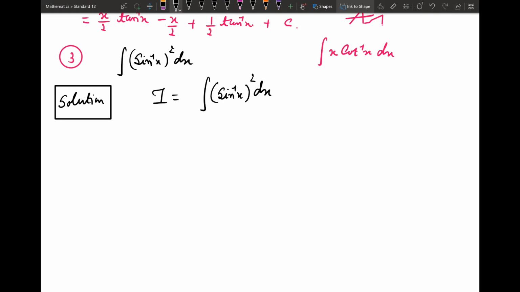First we suppose sin inverse x equal to theta, or say t. So x equal to sin t, therefore dx equal to cos t dt.